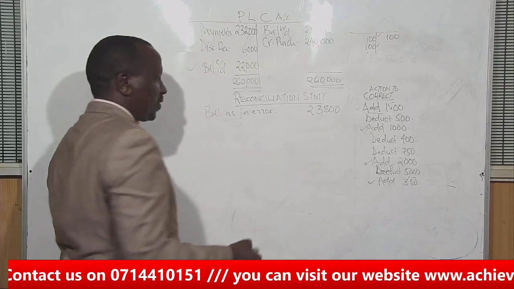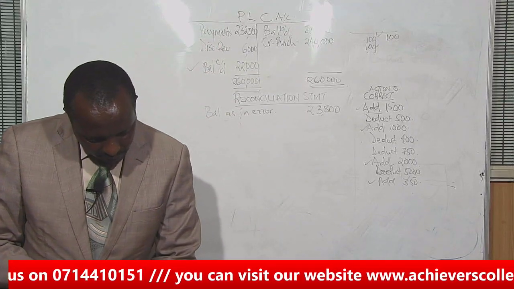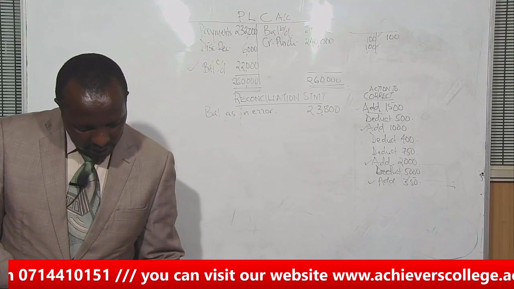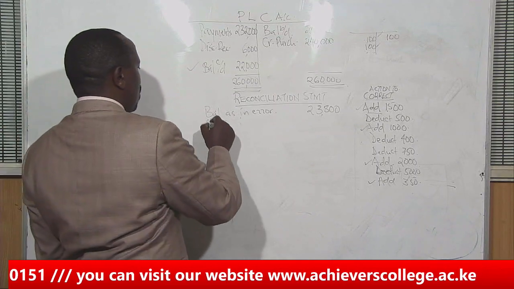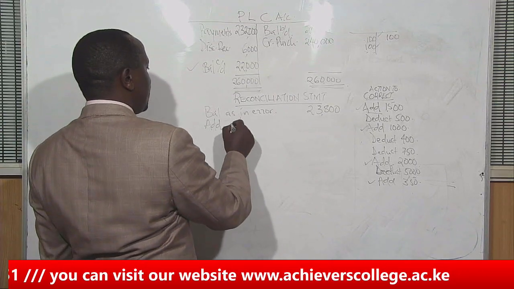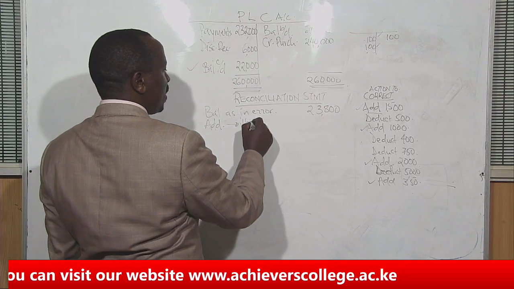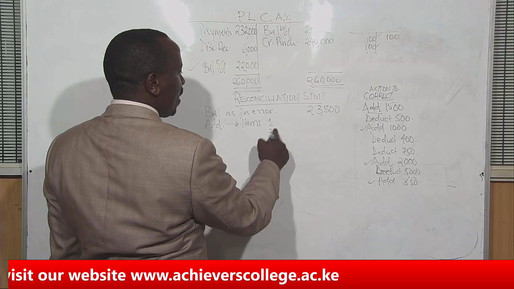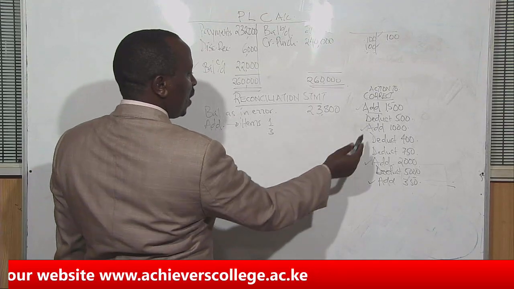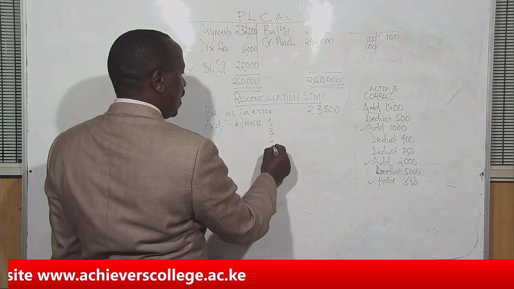It was supposed to be 23,800, and because it was supposed to be 23,800, what you do is that you add whatever is supposed to be added. You add items 1, 3, 6 and 8.